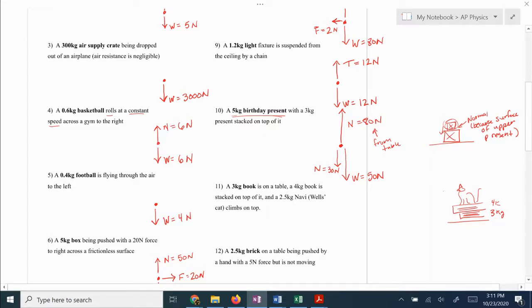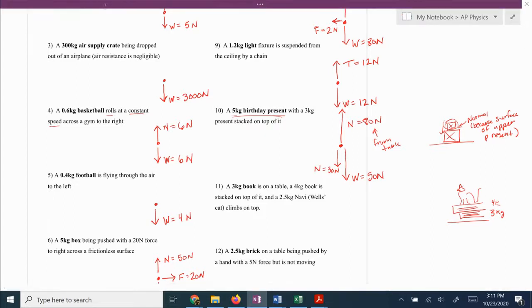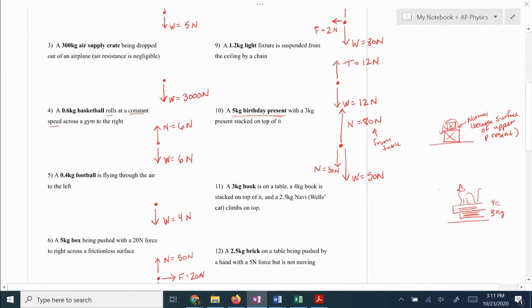So we can treat the package and the cat as though they're one thing. You can think about these two things as though they're one. We have a 4 kilogram book and a 2.5 kilogram cat, so you can just think of them as a 6.5 kilogram object sitting on top of it.